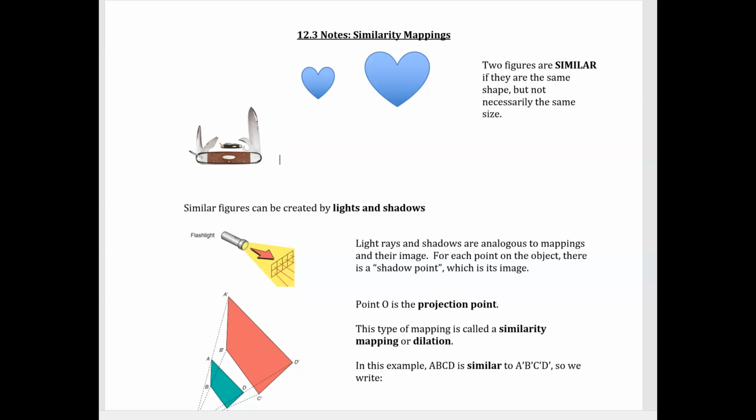Or you could have the copy machine enlarge it by a factor, or you could have it shrink. Anytime you have a copy machine enlarge something or shrink it, it's creating two similar figures, so same shape but just different size. So these two examples here, we've got similar hearts and then the similar pocket knife. So same shape, but not necessarily the same size.